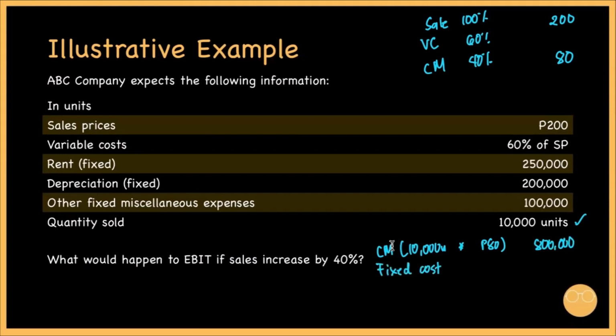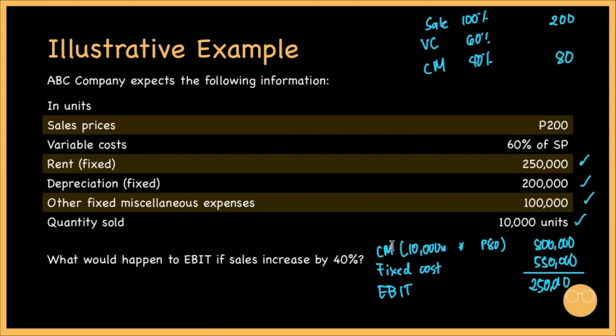Our fixed cost includes rent, which is fixed, 250,000, and depreciation, which is a fixed cost, 200,000. That totals 450,000, plus our other fixed miscellaneous expense of 100,000, for a total of 550,000 pesos. Therefore, our earnings before interest and tax will now be 250,000 pesos.